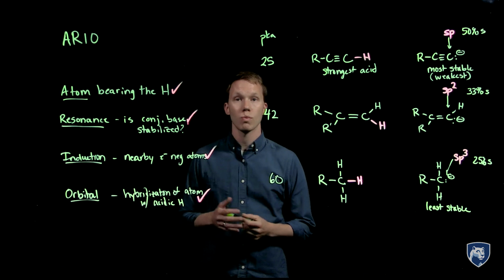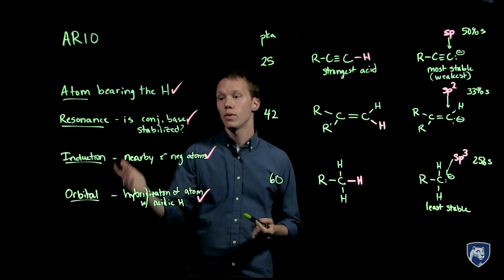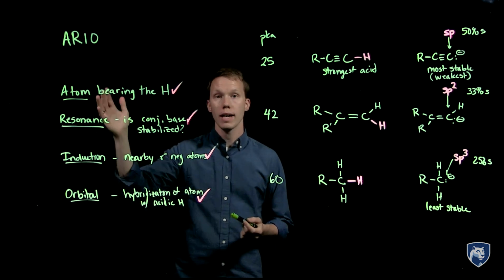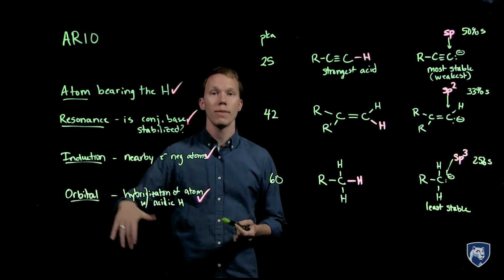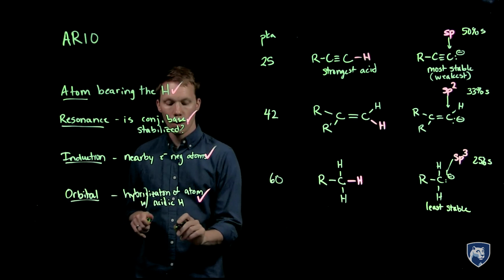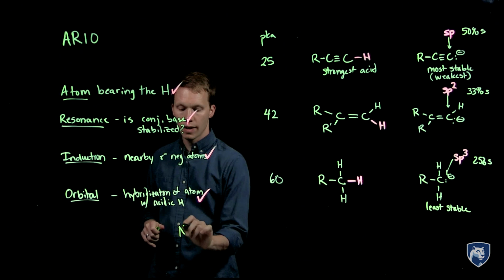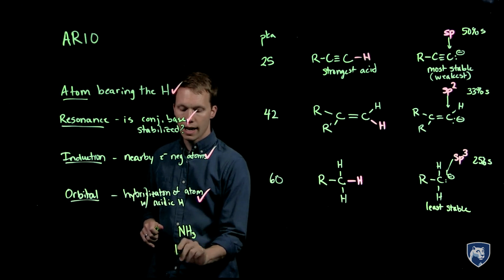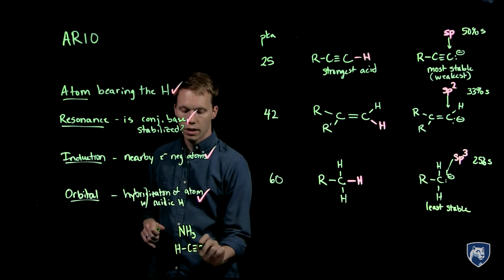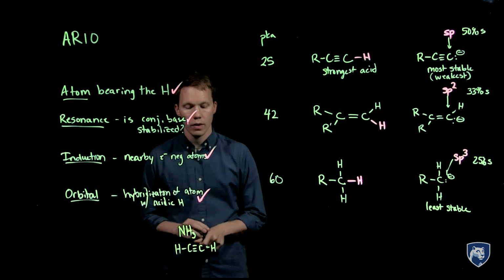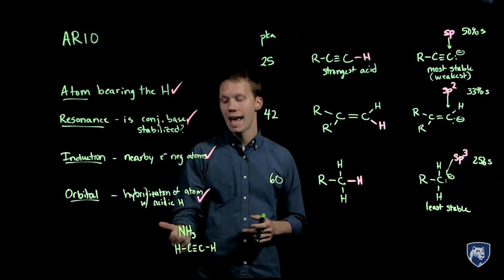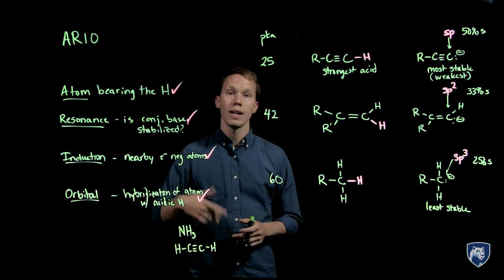So I did mention that there is one exception to using this criteria in order. Okay, so you always go atom, resonance, inductive, and orbital, except for one main exception that I can think of. So that is ammonia and acetylene. Okay, so by the atom rule, you'd say N is more electronegative than carbon.